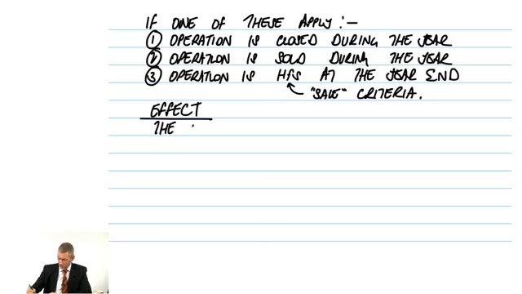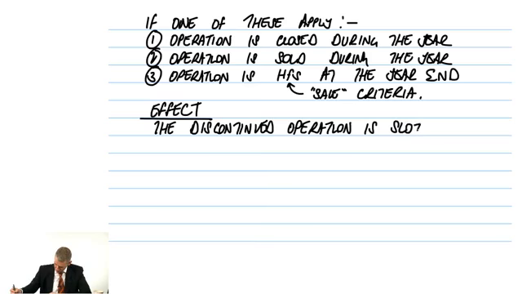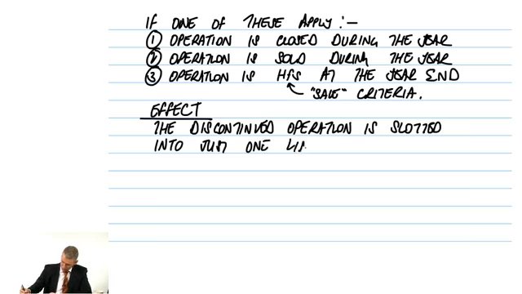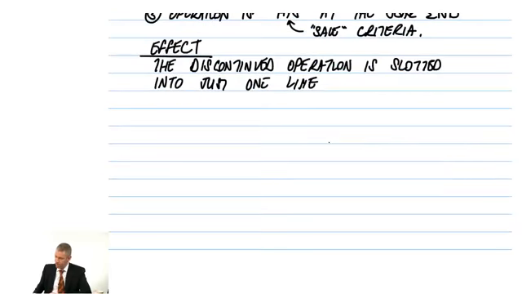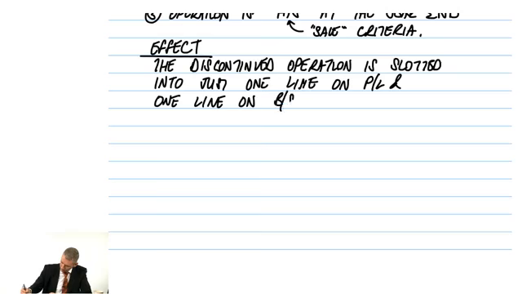The discontinued operation is slotted into just one line on P&L and one line on balance sheet.